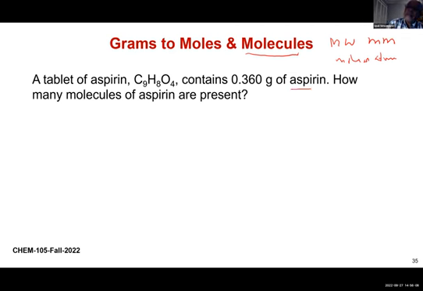Aspirin is a covalent compound, with three non-metals. You can calculate the formula weight. We calculated that. It happens to be 180 AMU.